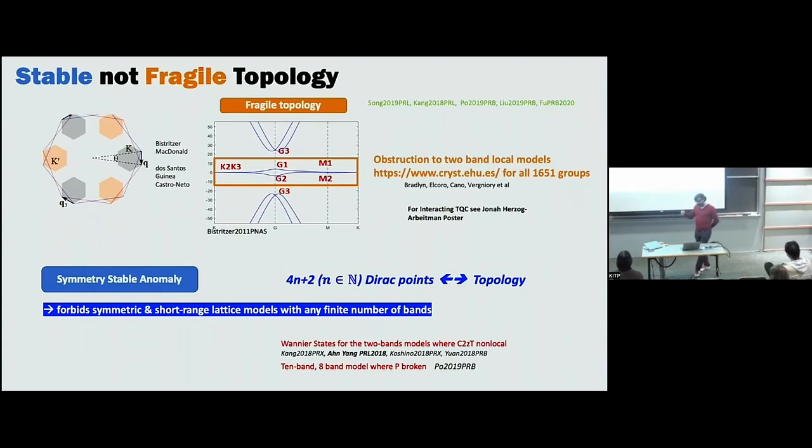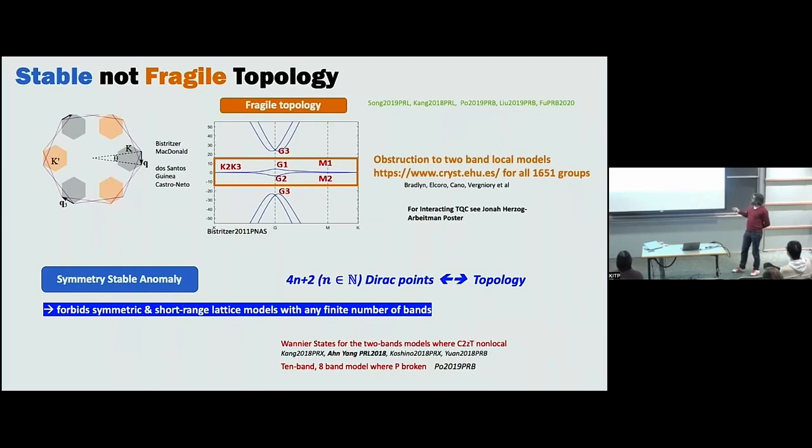And we can understand the topology in many ways, but it turns out that in this Bistritzer-MacDonald model, the topology is actually strong. It's a continuum model, which means that at any bandwidth, this model does not have a lattice representation if you keep the symmetries of this model, in particular particle-hole, which will be broken later, and this is some new stuff that I'm going to present today.